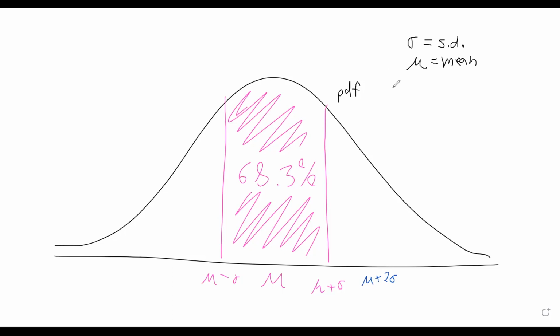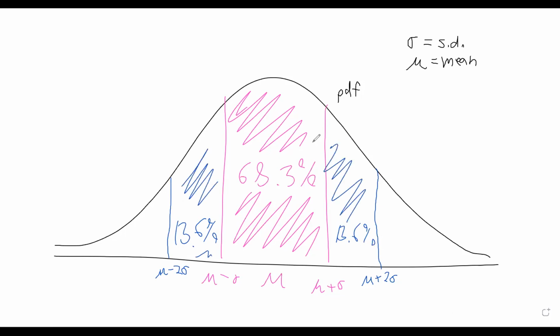Now, if you keep going out another standard deviation away, you have 13.6% here and another 13.6% there. So that's the percentage of the area in this region. Each of them is another 13.6%, and so they add up to another 27.2%.